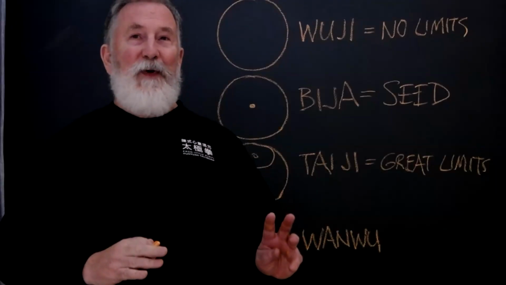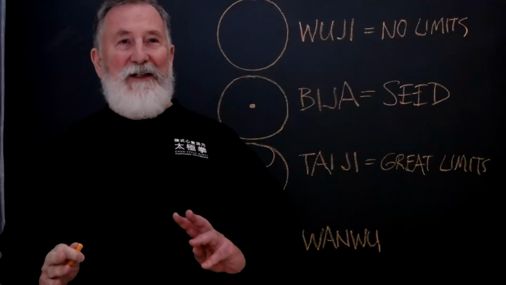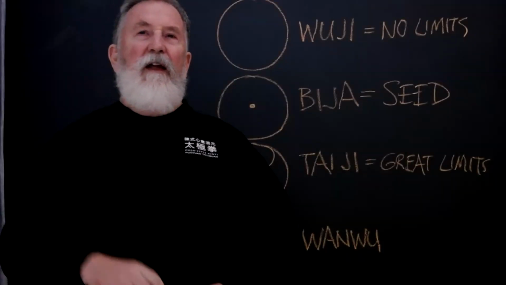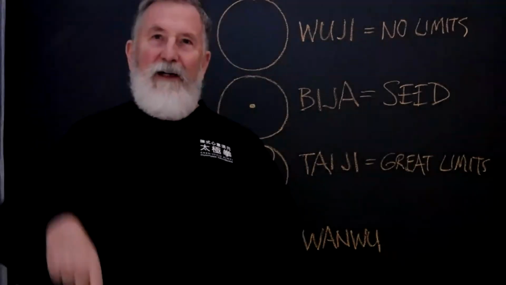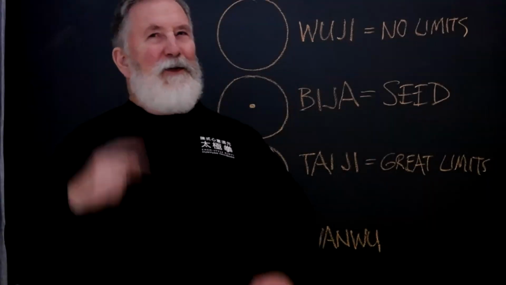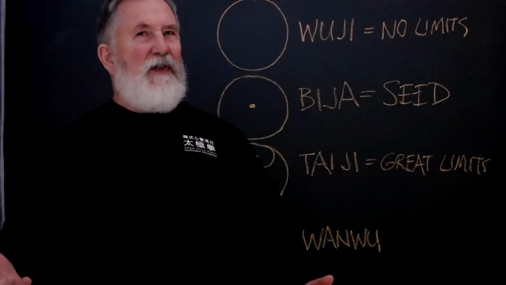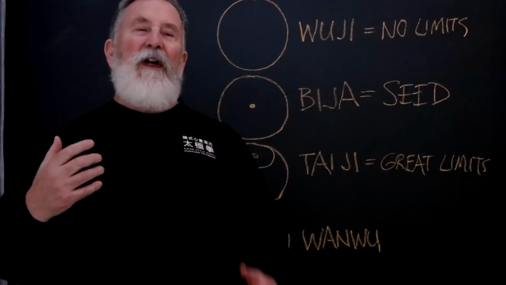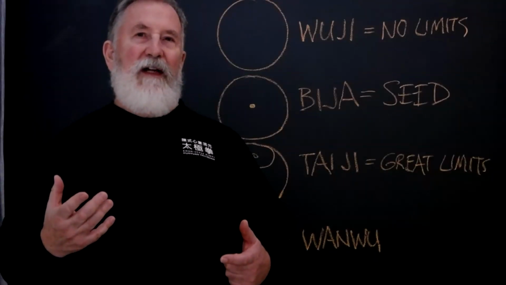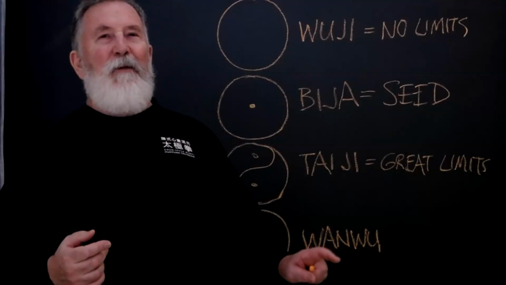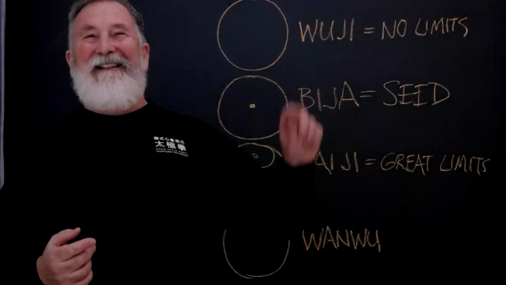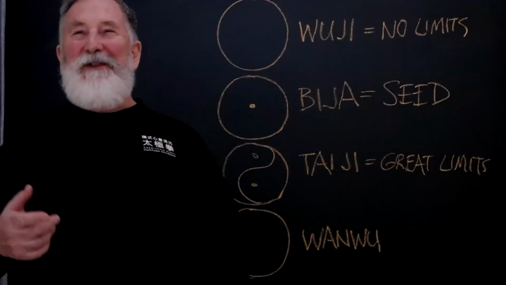It depends on how you pronounce it, and it depends on its context. We have the same homophones in English. So you could say, do you hear? Here. Right here, do you hear? It's the same sound, but we spell it differently and we understand it differently by the context. So Wan Wu, the Wu is not the same Wu as in Wu Ji. Just to confuse things.